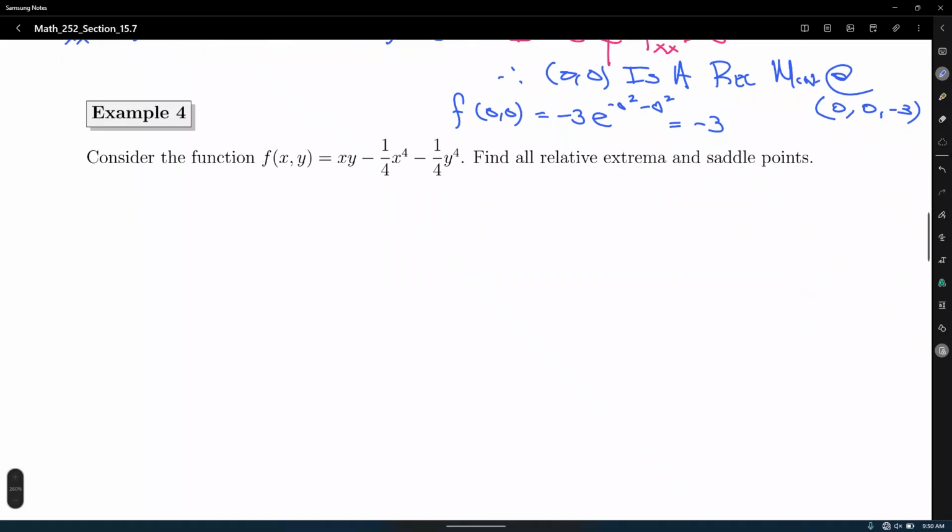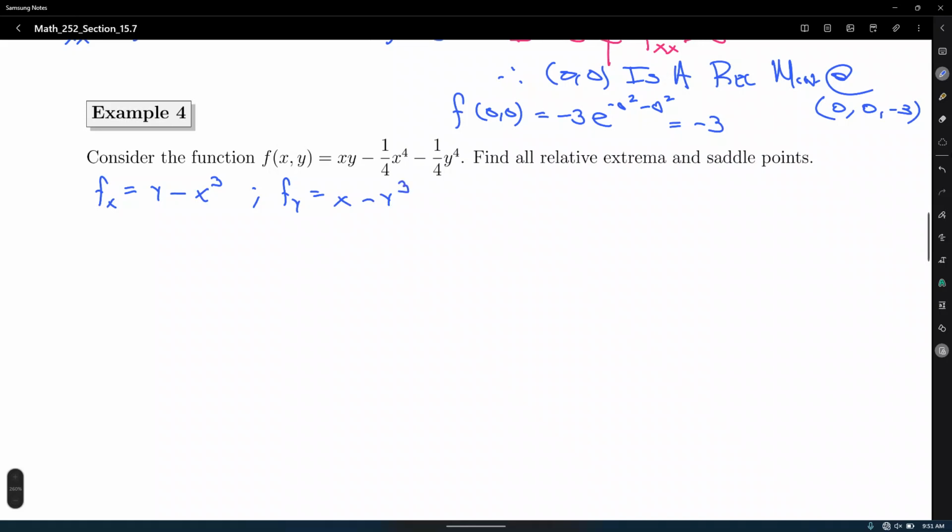Number one, find the first partial derivatives. That is f with respect to x, that is y minus 4/4 x cubed, that is x cubed. F with respect to y equals x minus y cubed.